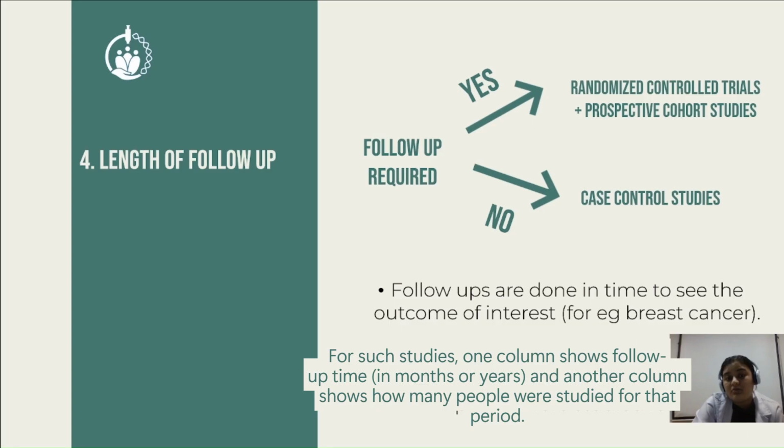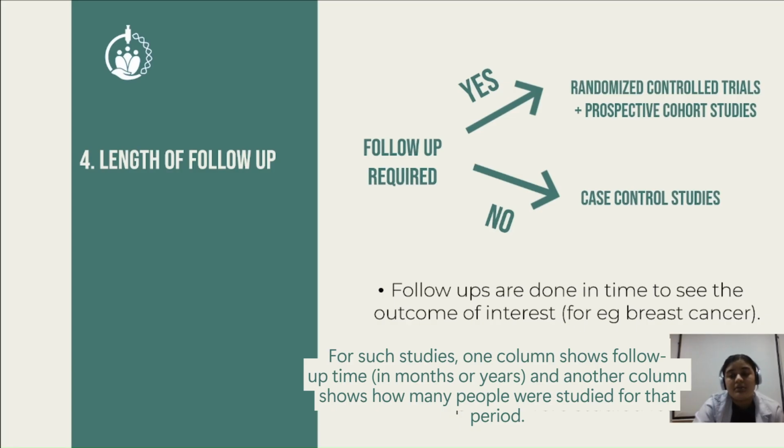So you need to follow up these patients for a required amount of time that has been discussed previously in the trials. Follow-ups are done in time to see the outcome of interest. It's not necessary for breast cancer to develop immediately as soon as I start following up the patient, but it might develop 6 months later, or 1 year later, or 2 years later, or in that one study that we discussed, it was 7.2 years later when they started seeing the risk of breast cancer.